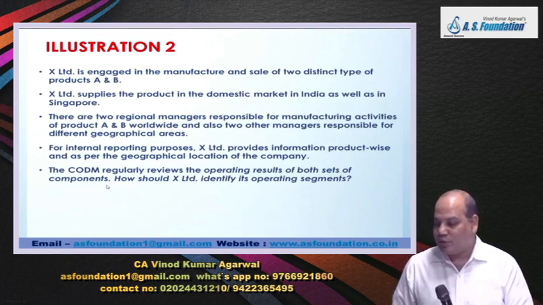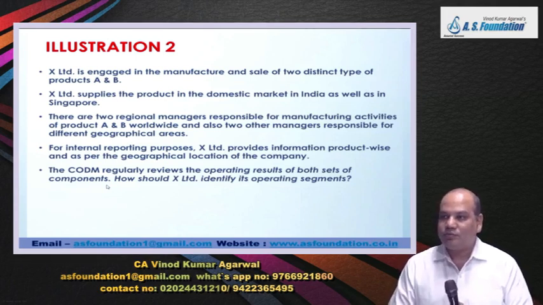To make your life more difficult, he is also reviewing the information for both sets of component. He looks at area wise also, product wise also. Now the question is, how should X Limited identify its operating segments?